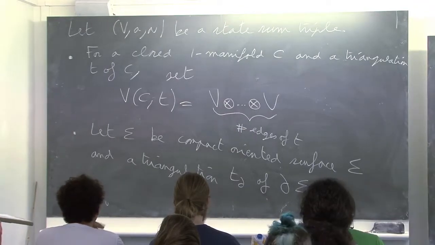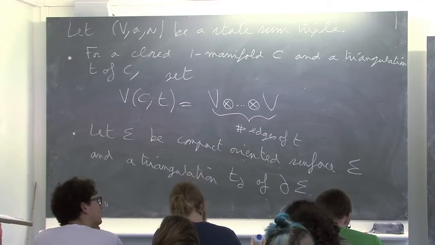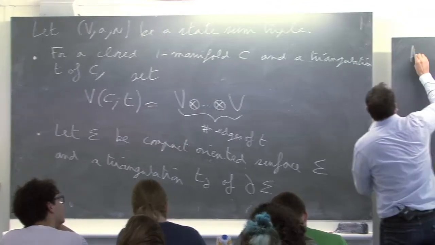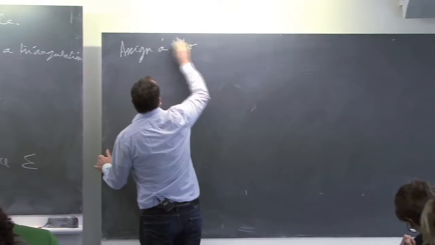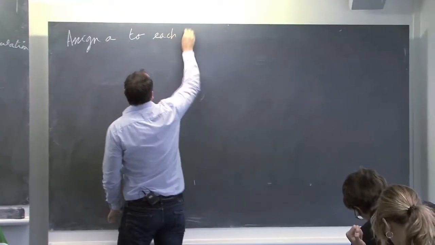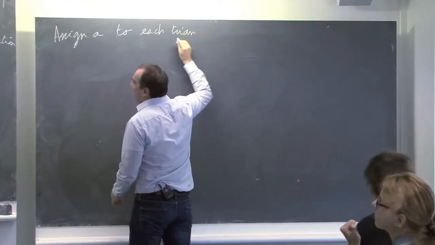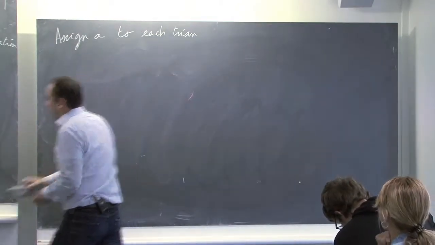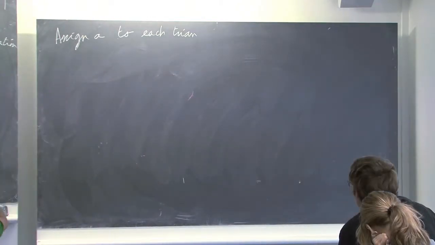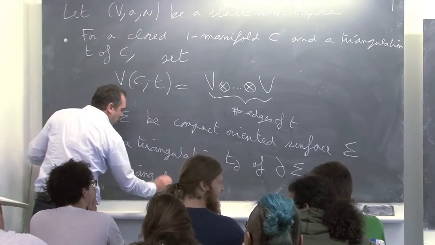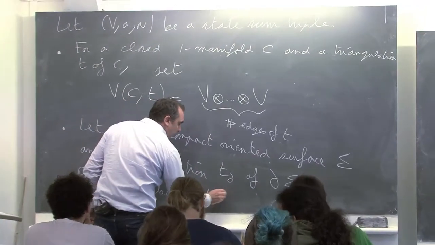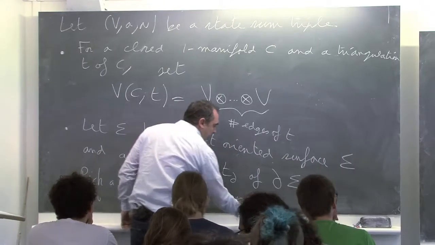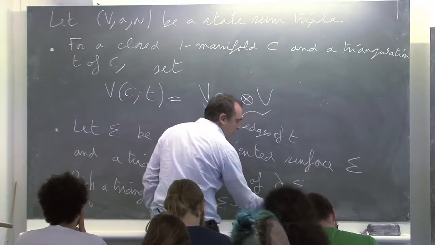So now we play the same game. So we assign the tensor A to each triangle. So first, sorry, you pick a triangulation T of Sigma extending the triangulation of its boundary.